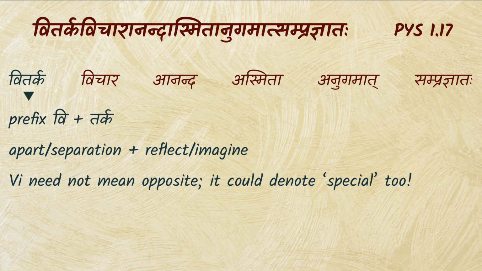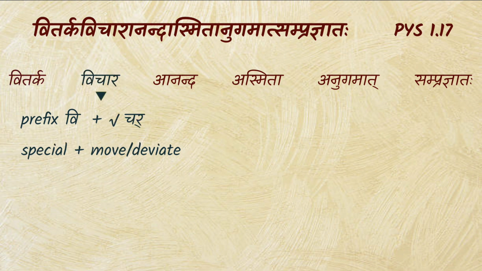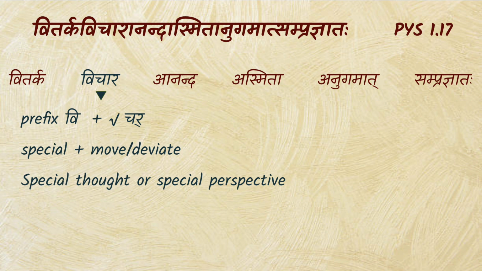The second word is vichar, which consists of the prefix vi, which means special, and the dhatu char, which means to move or to deviate. Therefore, vichar here indicates a perspective or angle of thought which deviates from the normal.